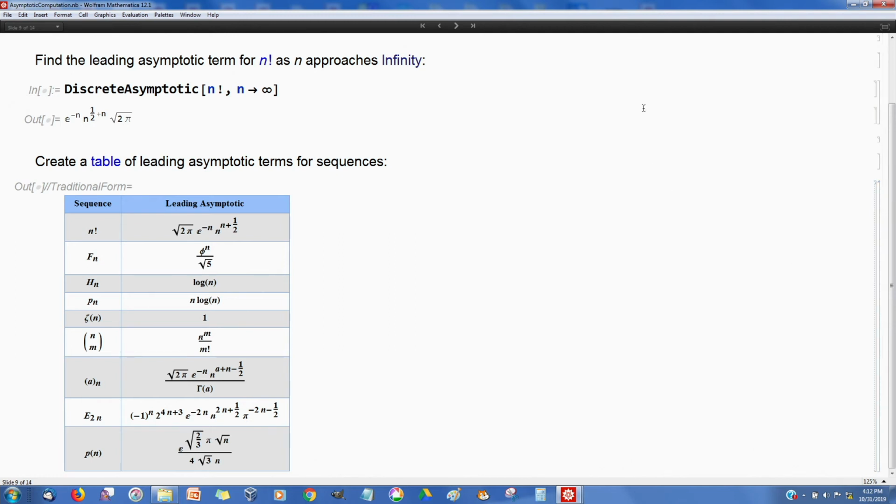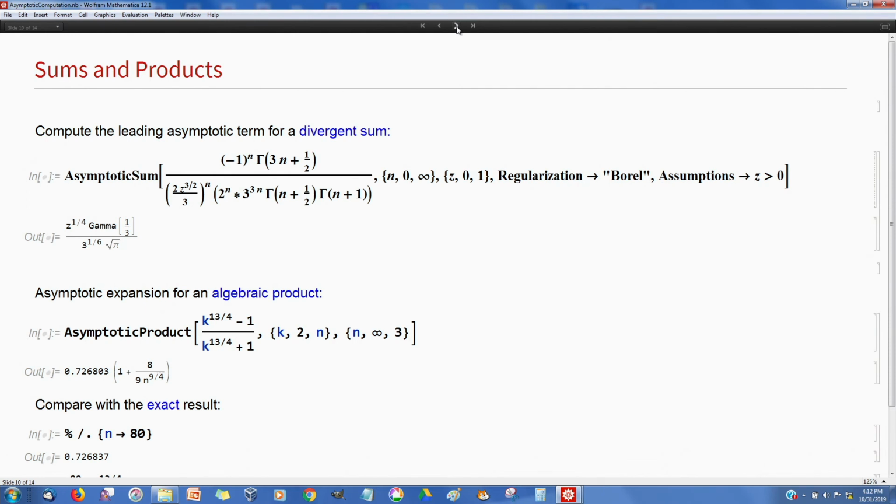Okay, so now I can move on from there and having set it up, talk about sums and products. So for version 12.0, we have this new function called asymptotic sum, which does asymptotic sums. But then a long time ago, 2007 probably, I developed this so-called divergent series functionality. And I wrote a blog post called the ABCD of divergent series, which is surprisingly popular.